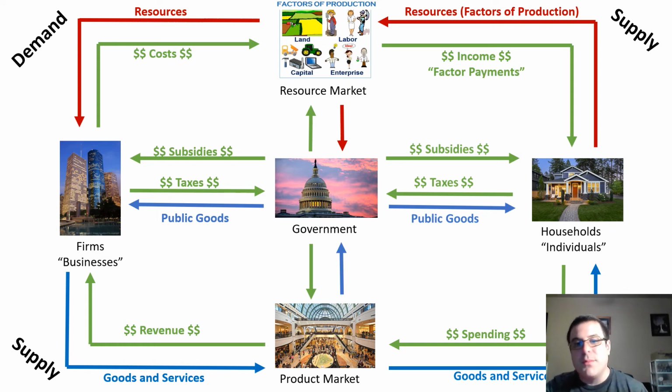For example, government will buy things like police cars, fire trucks, those things. They'll also buy from the resource market. Workers. Me as a public school teacher, they got me from the resource market. That's really what happened.